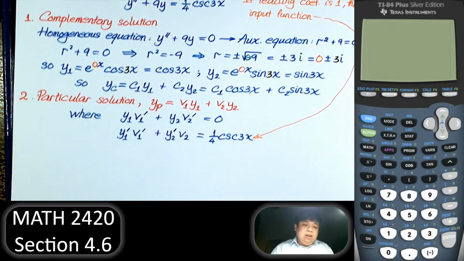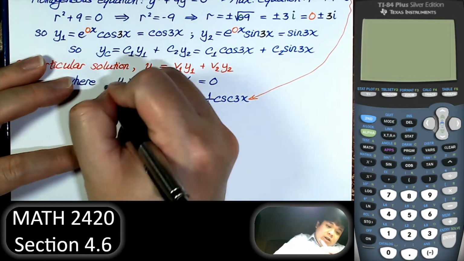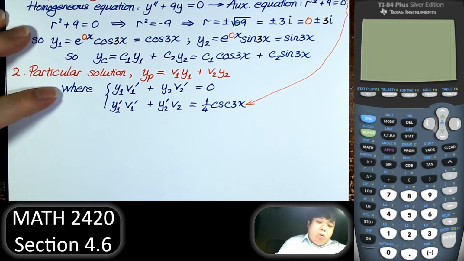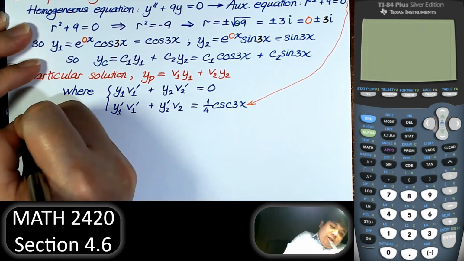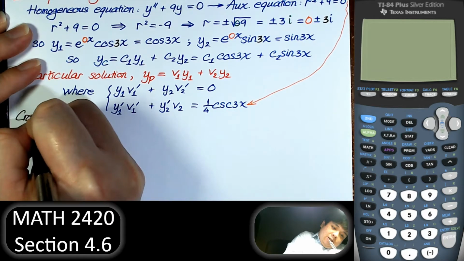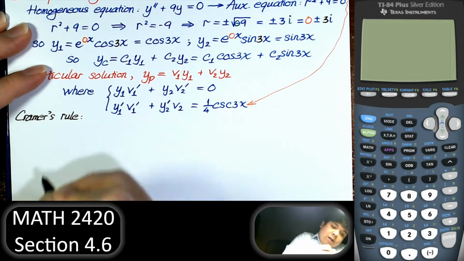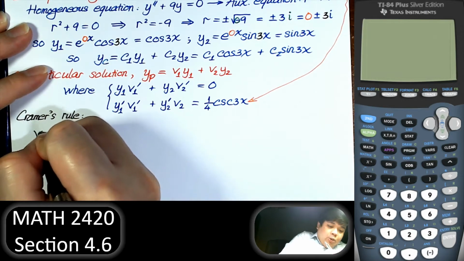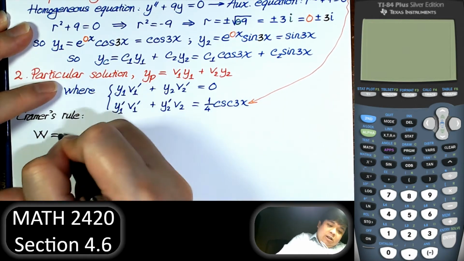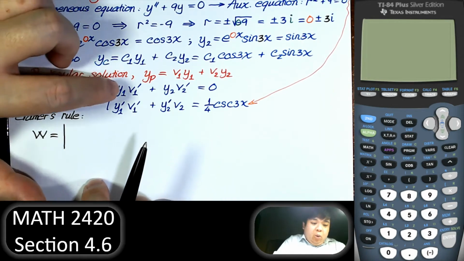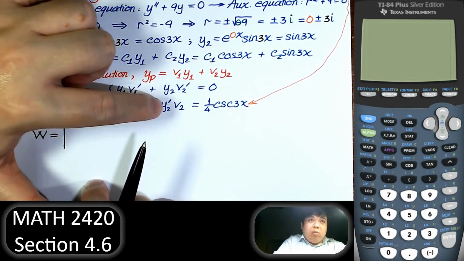Now, this is a system of equations where we use Cramer's rule. First, I will write W, which is the 2 by 2 determinant, because this one has 2 equations: y1, y2, y1 prime, y2 prime.